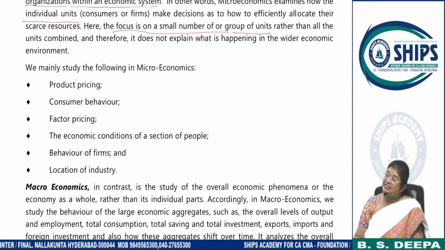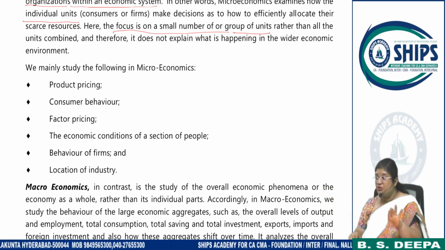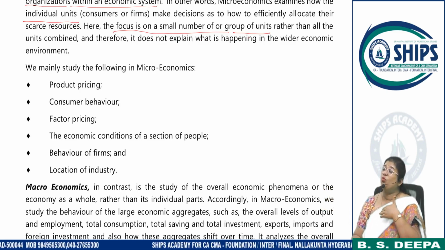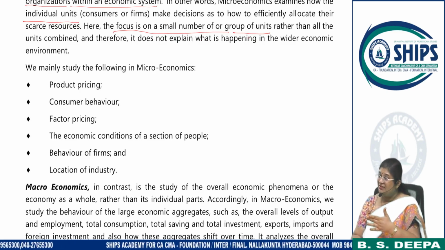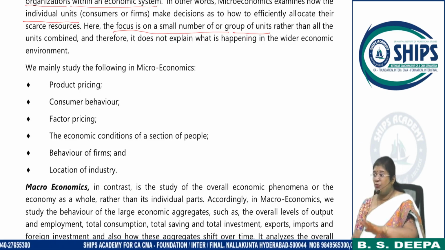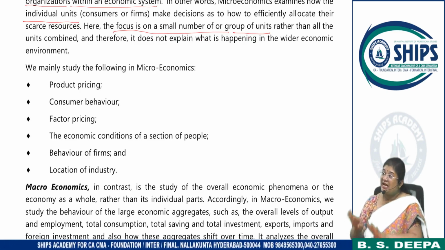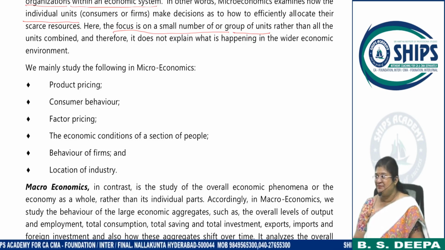Correct? So what is happening here? Again, separately for each use, depending upon the demand and supply, depending upon the necessity for using it, you decide the rewards for the 4 factors of production, isn't it? So again you are deciding the factor prices separately, correct?